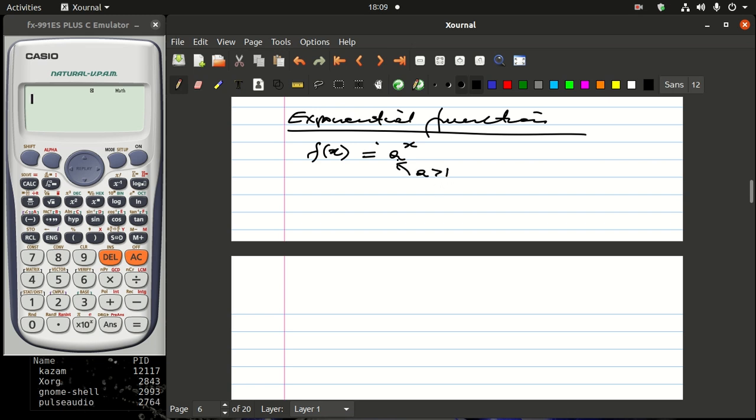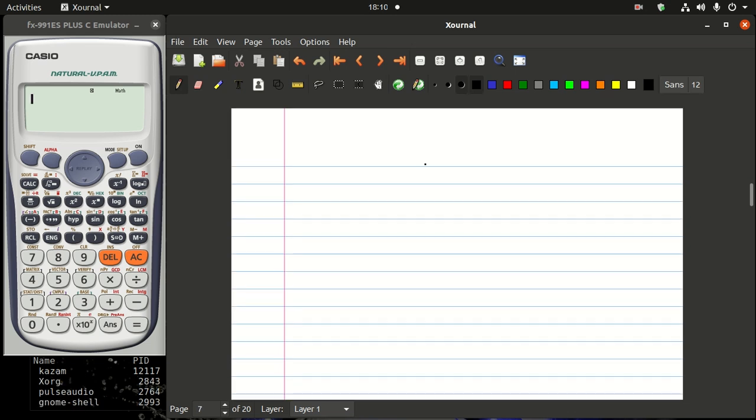So this is a constant, it is greater than 0. It's not a negative number, and it's not 0, because 0 raised to something here will end up having a 0 or undefined if x is 0. So this is an exponential function. Once this a is negative, it is not an exponential function. And of course, the domain of this, x is an element of real numbers. We can plug in anything.